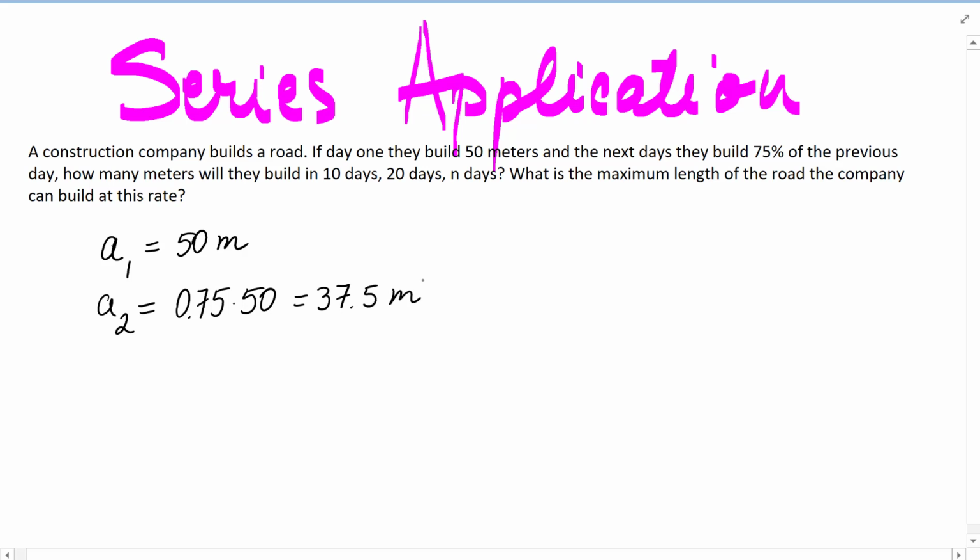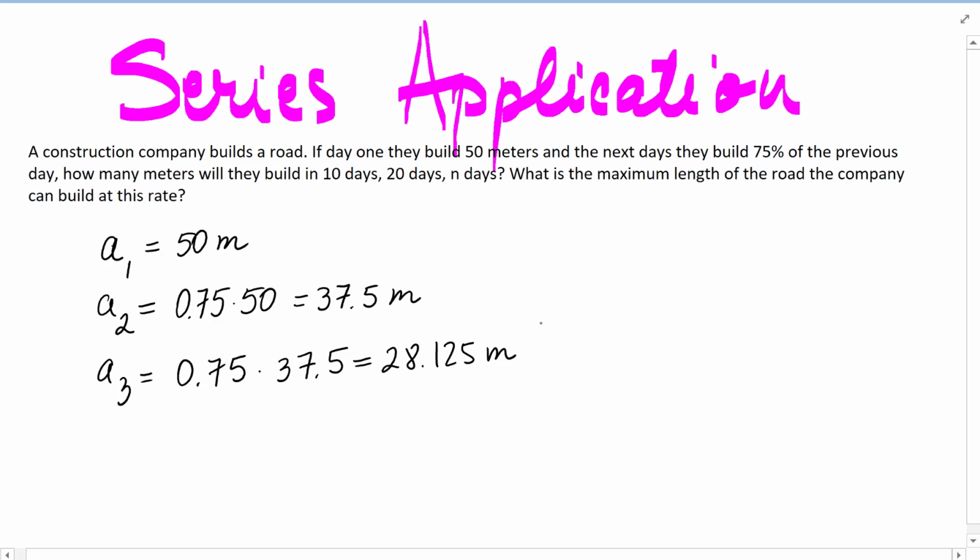That's what they do on the second day. The third day, they do 0.75 of the second day, which is 37.5, and that is 28.125 meters.